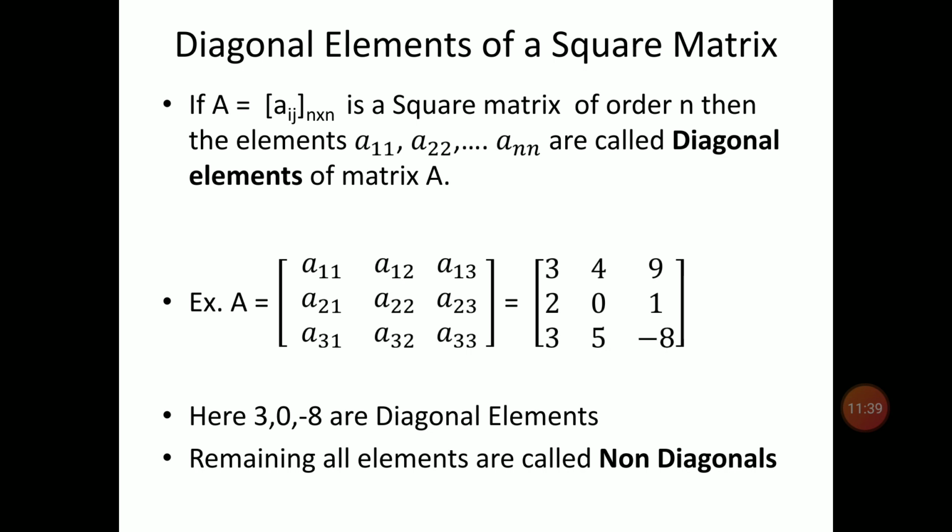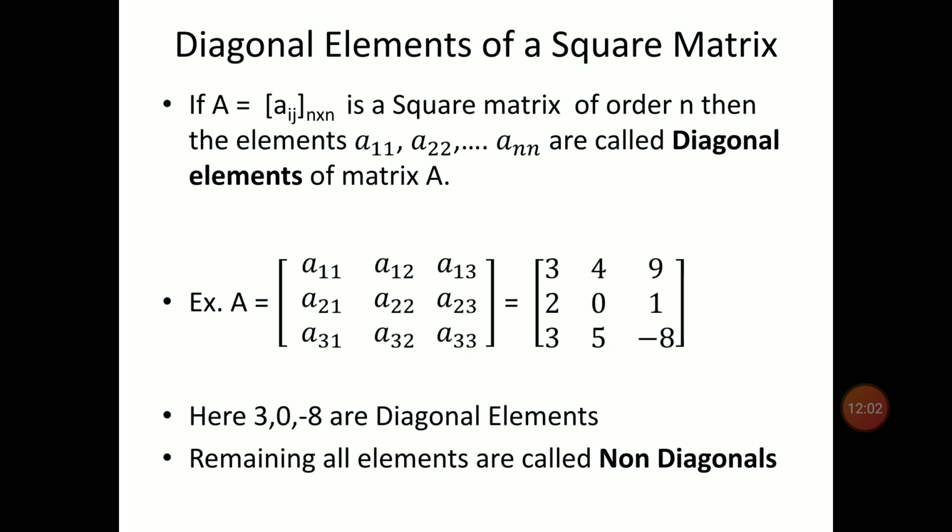And therefore these elements are called diagonal elements of matrix A. In general, if A is a square matrix of order n, then all the elements A11, A22 and so on, ANN are called diagonal elements of the matrix.